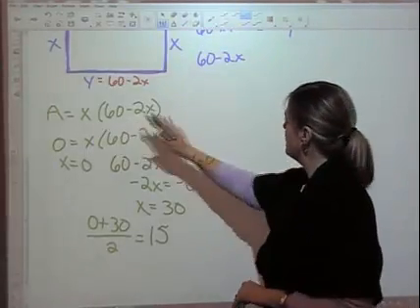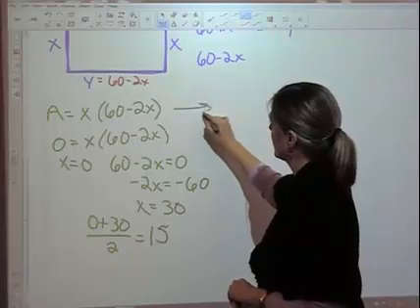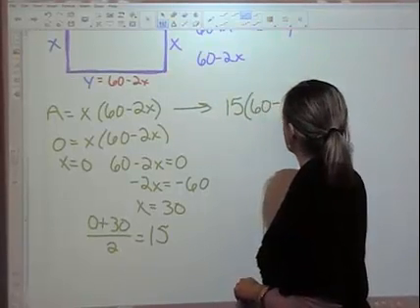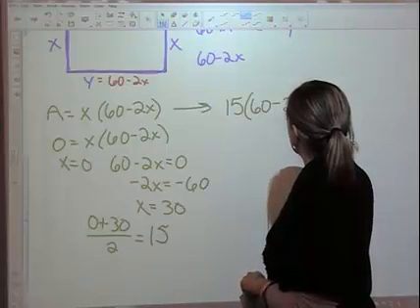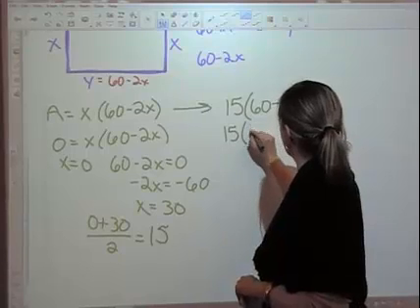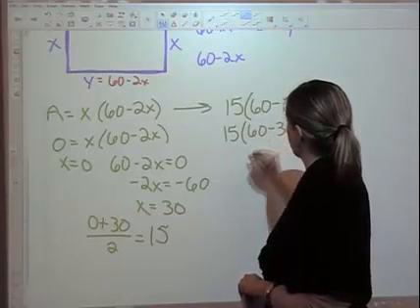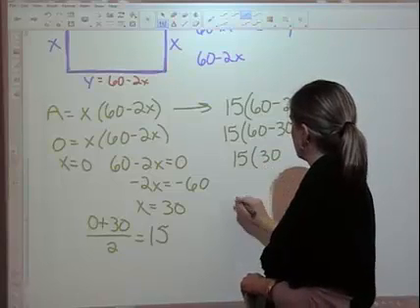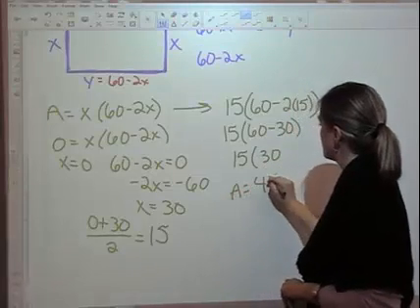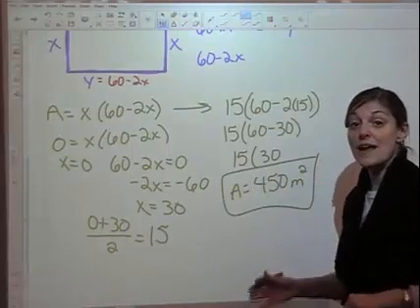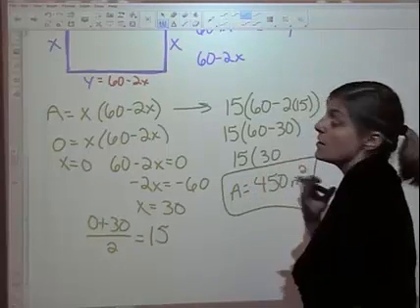So we're going to plug 15 back into our equation. So we have 15 times 60 minus 2 times 15. So we have 15 times 60 minus 30. So 15 times 30. So our area is 450 square meters. That is the maximum area we can have given those circumstances.